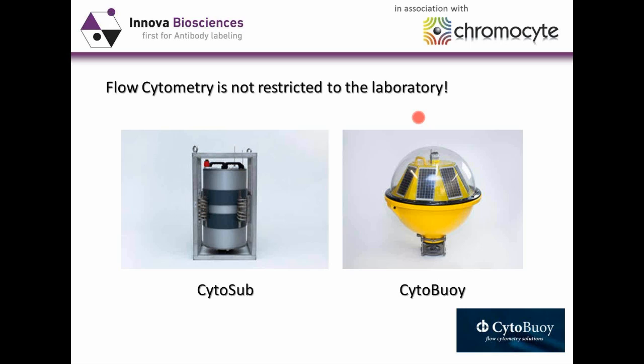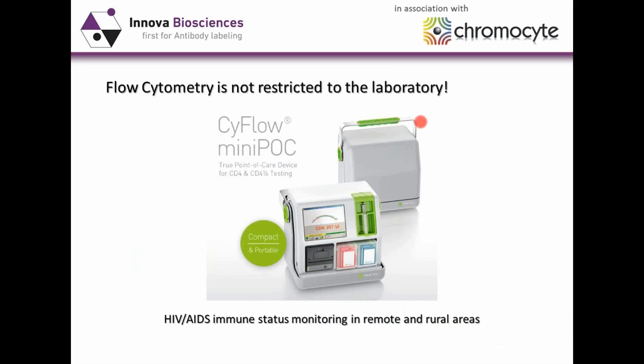The CytoSub is a submersible flow cytometer which is produced by a company called CytoBuoy, and the CytoBuoy sits on the surface. These instruments are primarily used for monitoring plankton flow in ocean currents, so it's a very widely usable technique. And it's also the case that these instruments can be used in the field, so to speak.